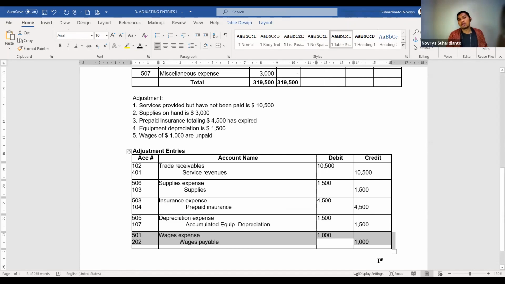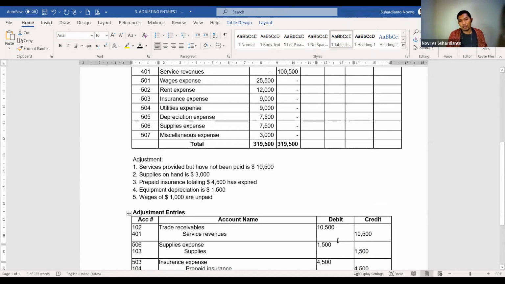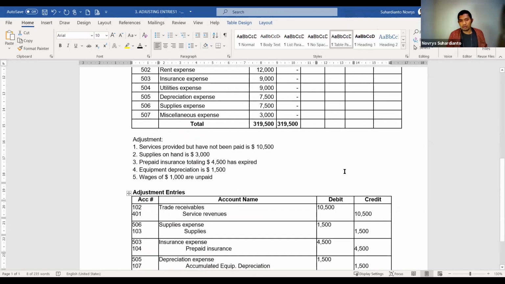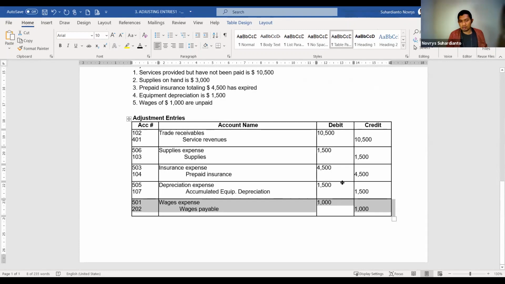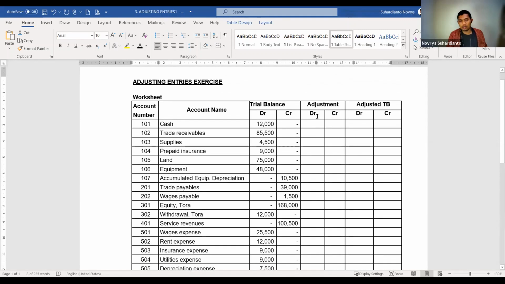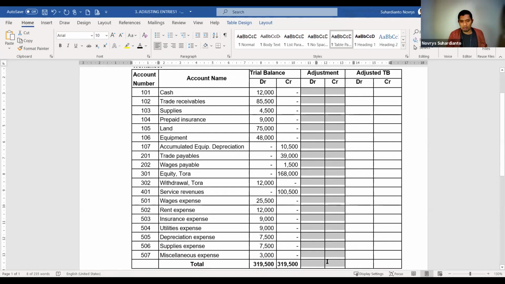Okay. Next, I give you this table to be filled. By using these adjustment entries, you can move the balance to the respective column in the adjustment part. Here I already posted the entry.